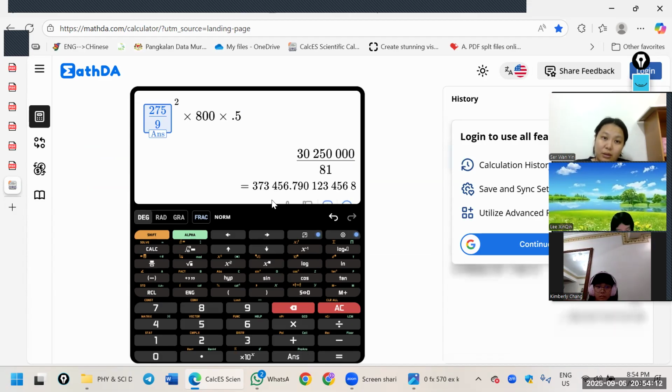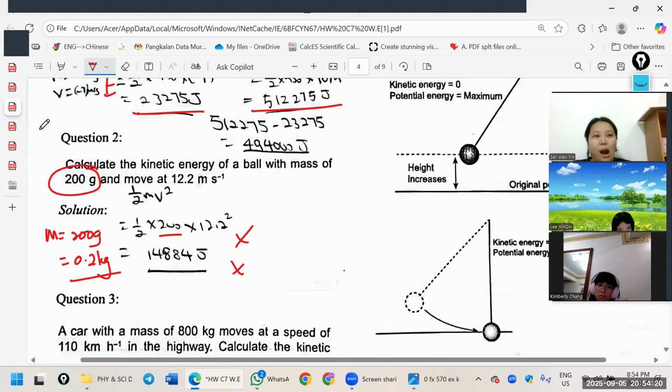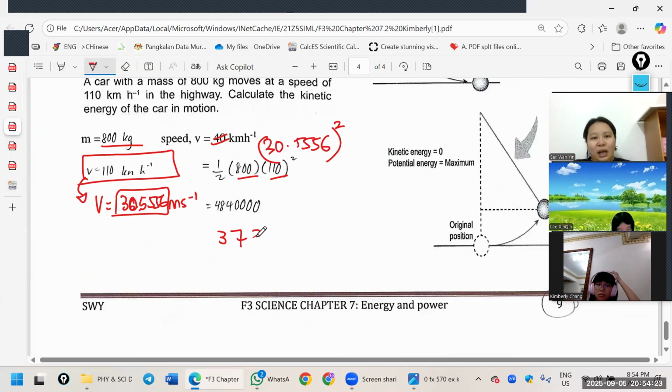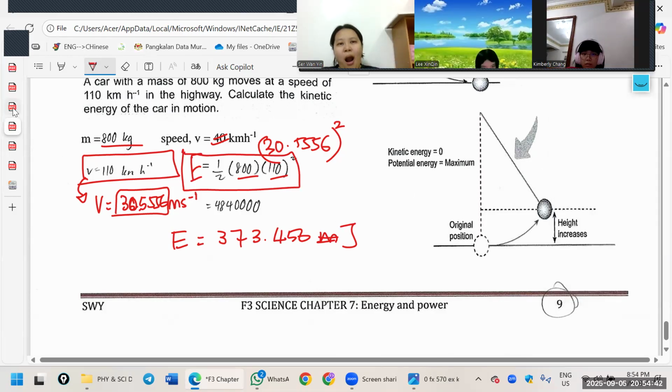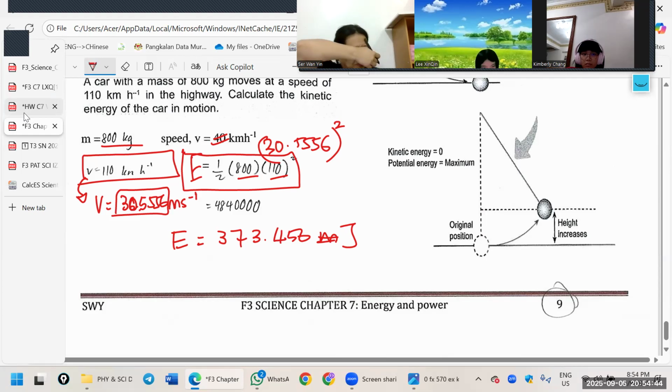So 373456.79, 373.456 joules. This is E, in front you must write E, understand? This is your subject.